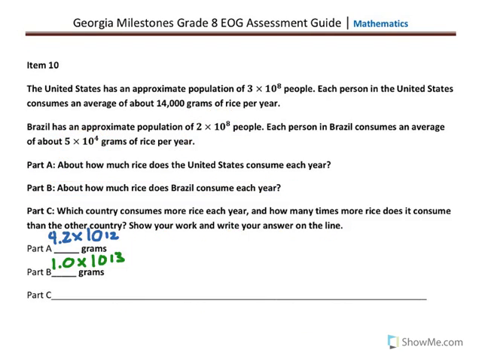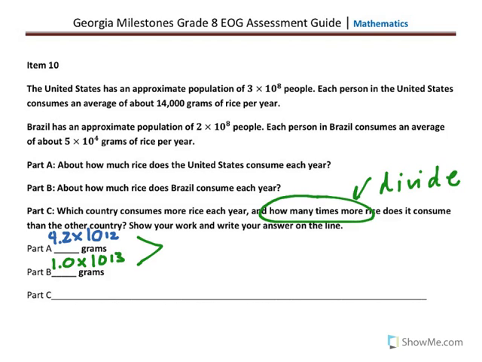Okay, for part C, it says which country consumes more rice each year, and how many times more rice does it consume than the other country? Show your work and write your answer on the line. When it's asking you how many times more, that means that you are going to divide. So we're going to take these two numbers and divide them.